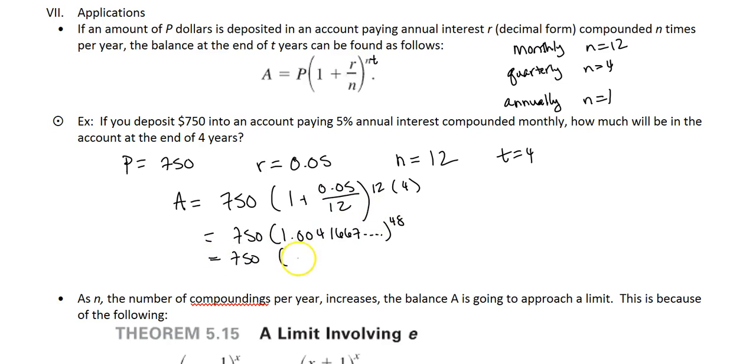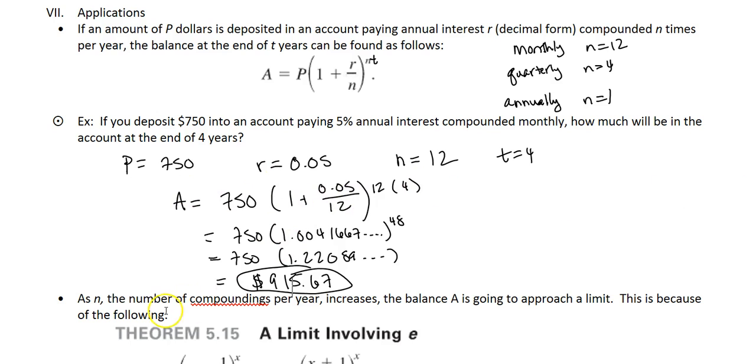I would raise that to the power, and when I multiply that, I'd get $915.67. So at the end of 4 years, you would have $915.67 in the account, and you would have earned $165.67 in interest. This is a pretty straightforward application, just plug and chug.